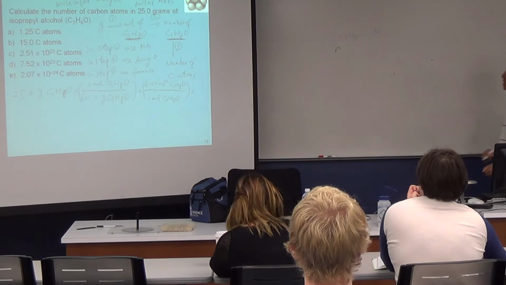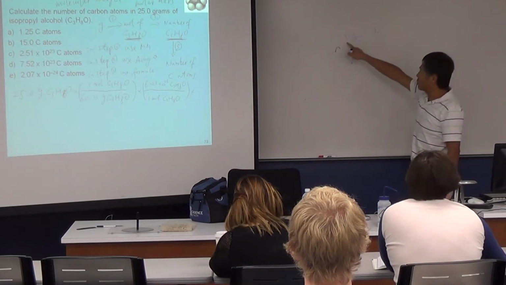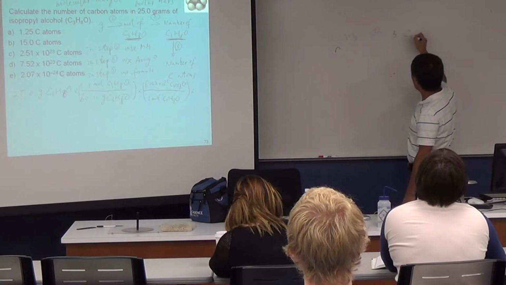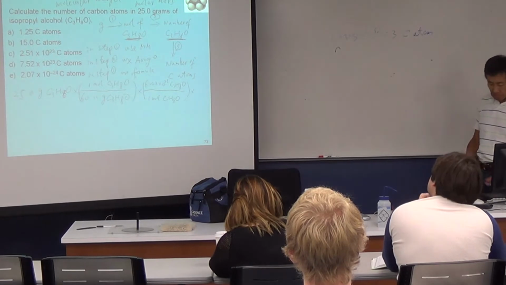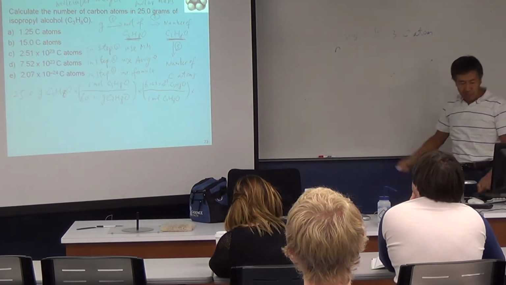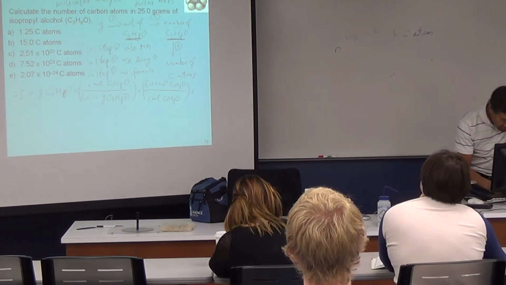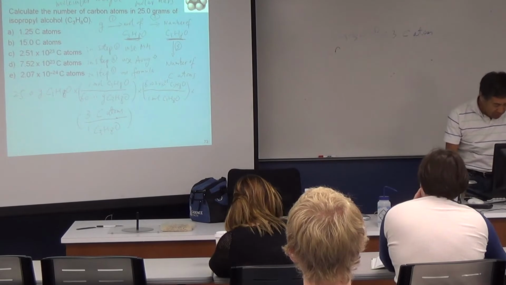So you read the formula, and you can say for every one of this formula as a whole, there are 3 carbon, 8 H. So equivalently, you can write 3 carbon atoms. Right. So this is the equation, and using this equation you can write a fraction. So let me write a fraction here. I have 1 C3H8O, I will have 3 carbon atoms. So close the bracket, we have that.